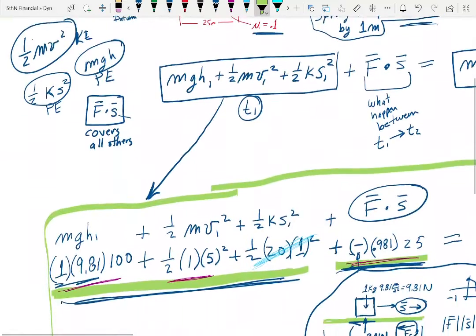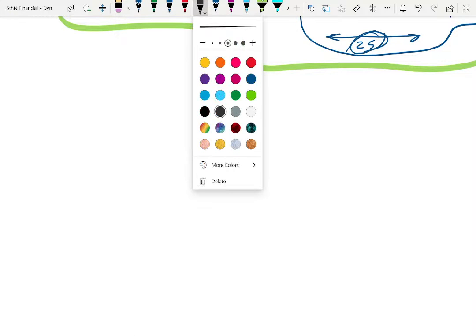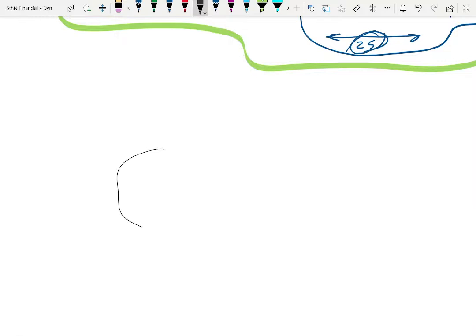The general form for me would be, well, think about it. From my perspective, here's the set of all problems that are nonconservative, meaning they have friction or they have somebody pushing on something.